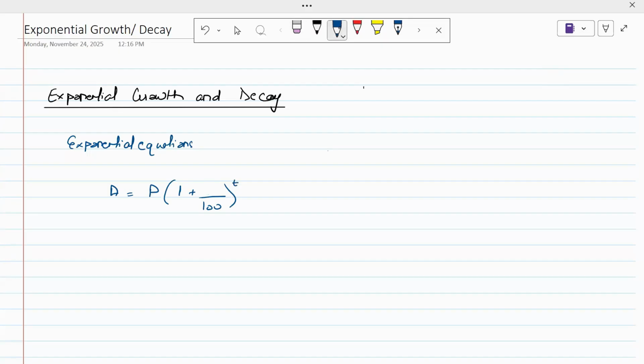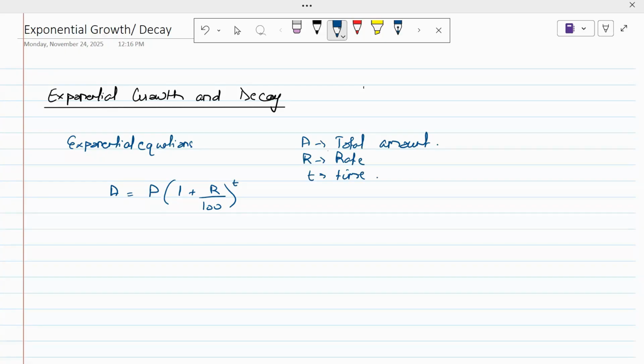And in this formula for compound interest, A represents the amount, the total amount. When I say total amount, I mean the amount which has been increased after the interest being added. R represents the rate, the interest rate, and T represents the time.